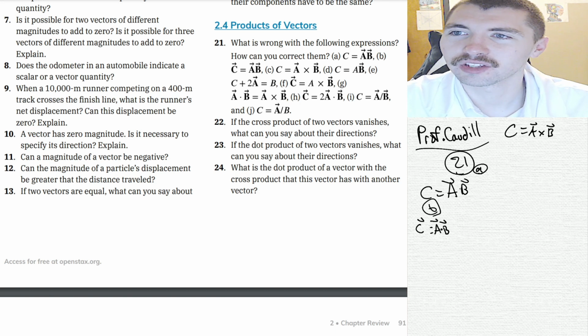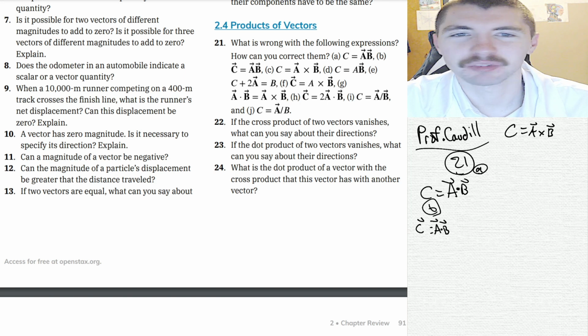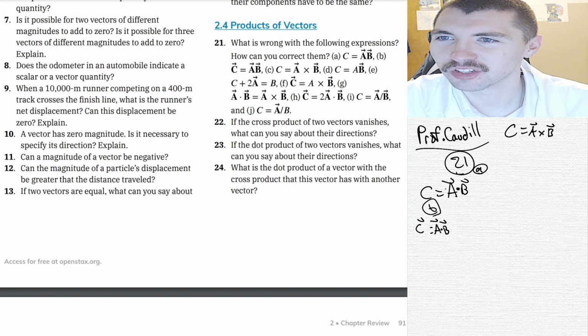Okay, so if that's the case, C could be, and these questions are just so vague. When you take a dot product, I'm going back to A here, you get a number. That number could be C. It's not a vector.